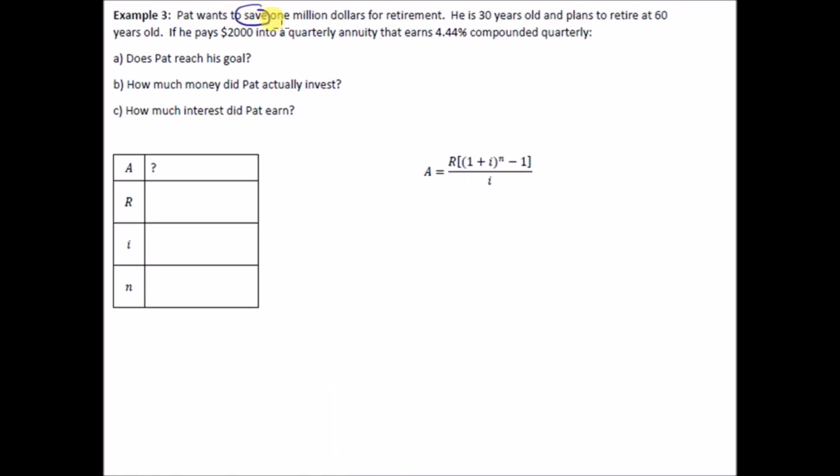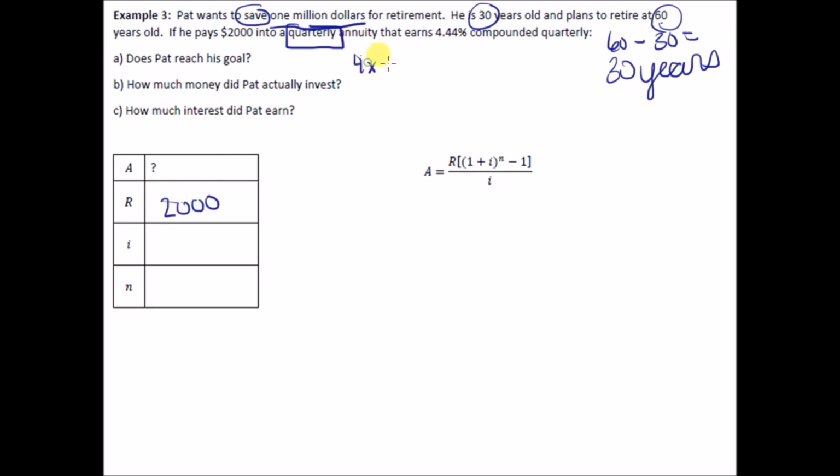Savings question. $1 million for retirement. Okay, he's 30 years old and he plans to retire at 60. Okay, so this is 30 years difference. Okay, from 30 to 60. If you want to formally do that, it's just 60 minus 30. If he pays $2,000 into a quarterly annuity, so $2,000, it's quarterly, so that's 4 times per year, and he earns 4.44% compounded quarterly.